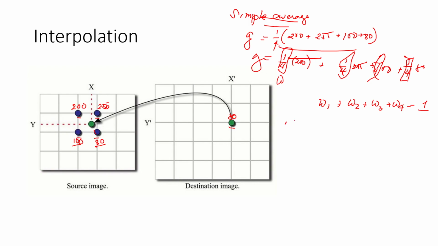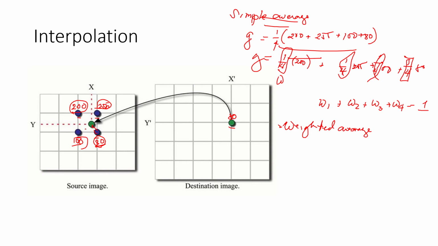So what we're going to do here is apply certain weights. The relevant weight should be higher, particularly for the nearest neighbor. So the intensity 80 should get a higher weight compared to the intensities of the other neighbors, because this point is much closer to that neighbor.